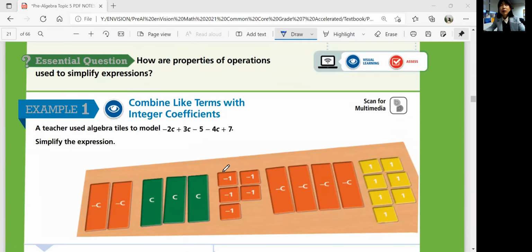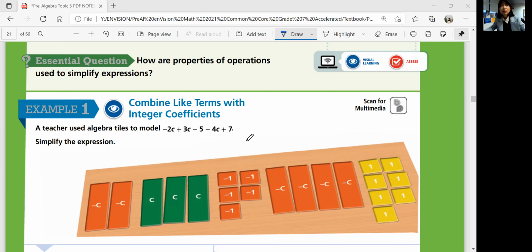Essential question. How are properties of operations used to simplify expressions? Example 1. Combine like terms with integer coefficients. A teacher used algebra tiles to model negative 2c plus 3c minus 5 minus 4c plus 7. Do you guys remember algebra tiles from last semester?